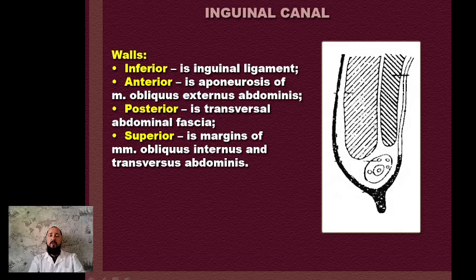And superior are the margins of the musculus obliquus internus and transversus abdominis. Imagine it is an interspace without muscles. That's why in case of hernial formation, a hernia can go in, stretching this transversal fascia and go into this canal from the abdominal cavity.